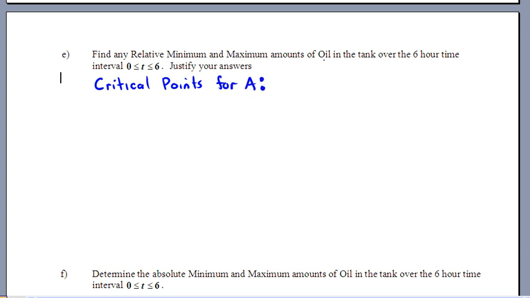Well, if there are critical points for A, then A prime, otherwise known as R, would have to either be 0 or does not exist. I don't see any does-not-exists, but I do spot some places where A prime, the R, is equal to 0.